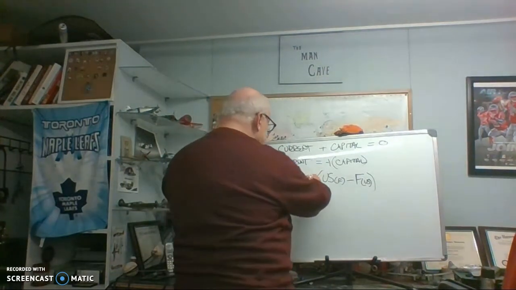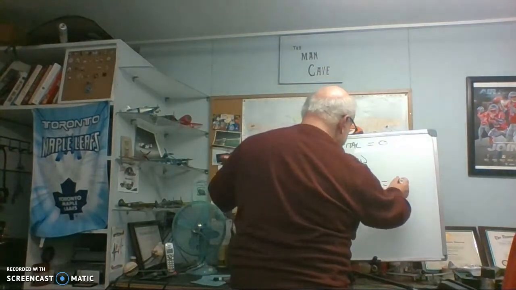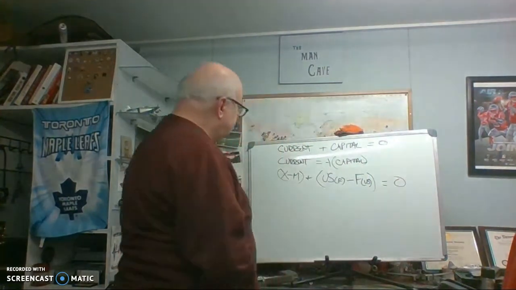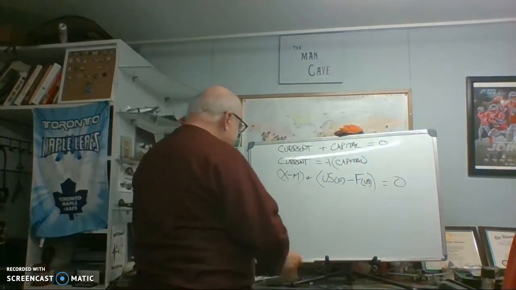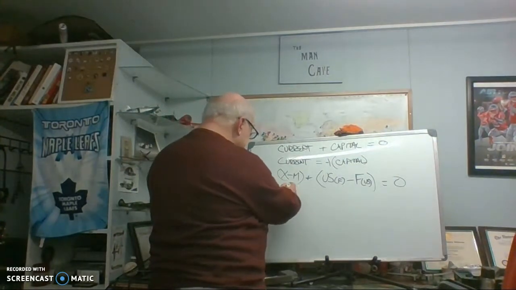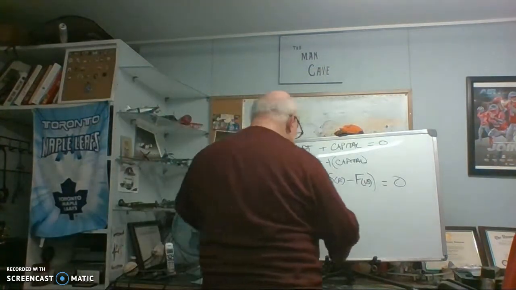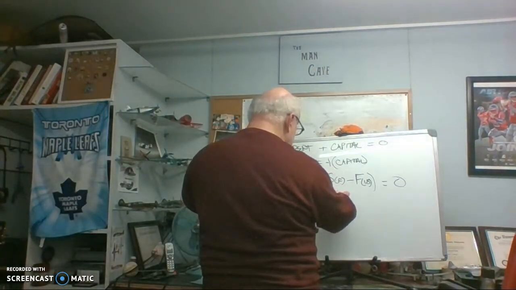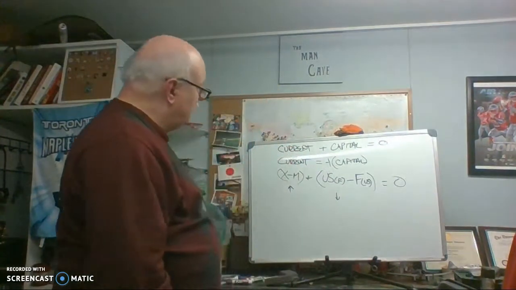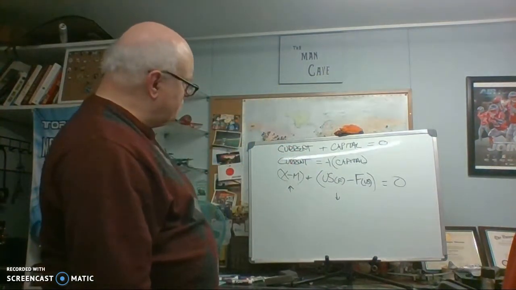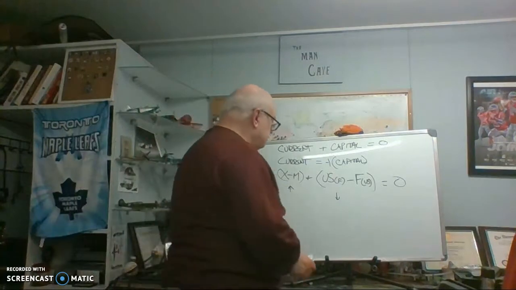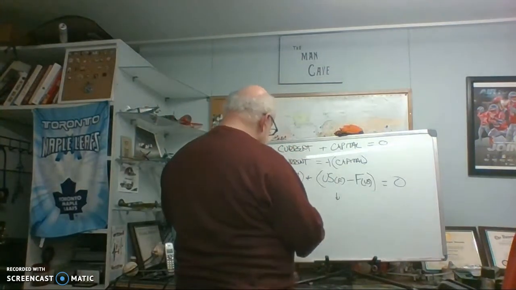Since these two things have to equal 0, if there is a surplus balance in net exports, there has to be an equal deficit in the capital account. Okay, and that makes sense.